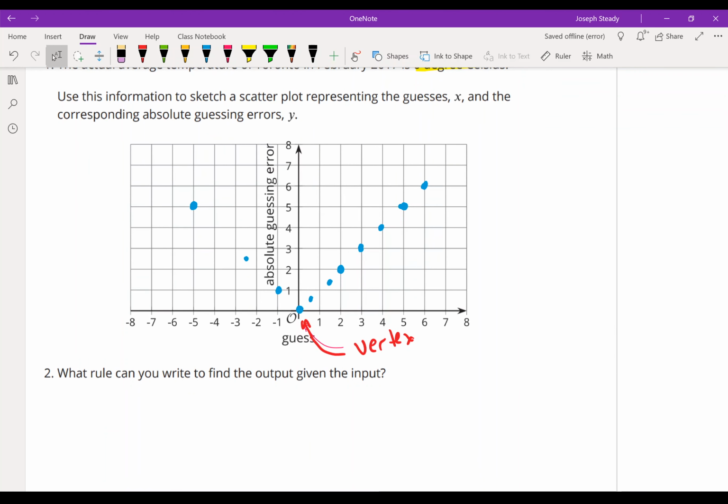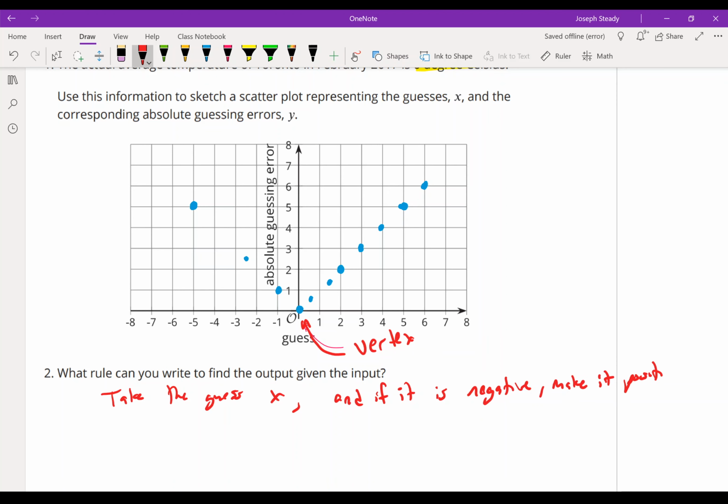Now, the next part asks us to try to write a rule for this function. So one thing we could write here is that you take their guess x, and if it's negative, make it positive.